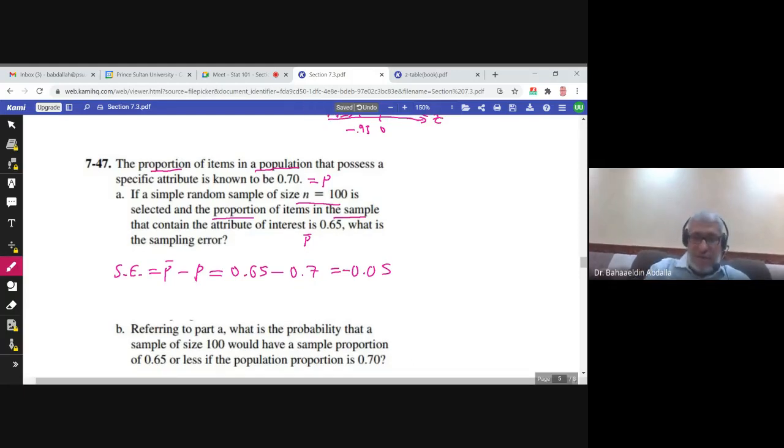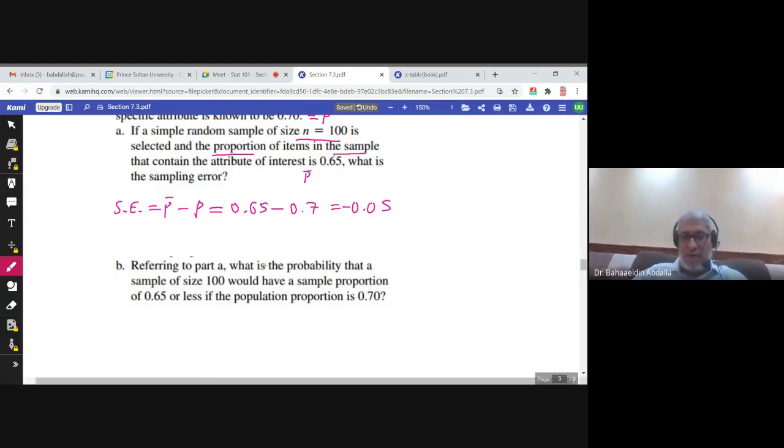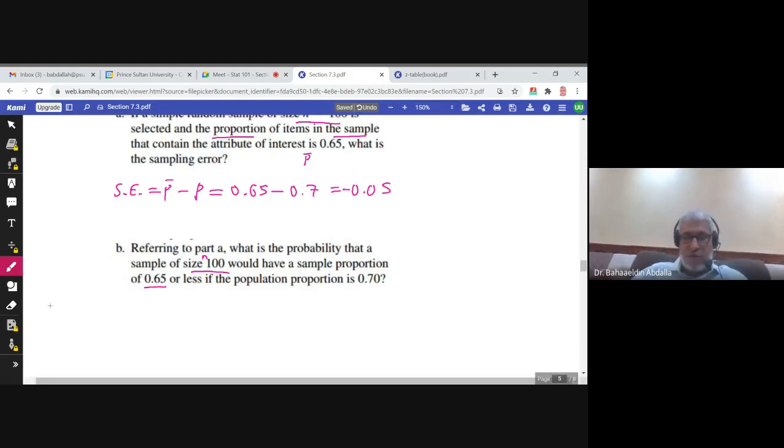That's the sampling error. Referring to part A, what is the probability that a sample of size 100, so this is small n, would have a sample proportion, this is P bar, of 0.65 or less? So what is the probability that P bar is less than or equal to 0.65 if the population proportion, which is P, is 0.7?